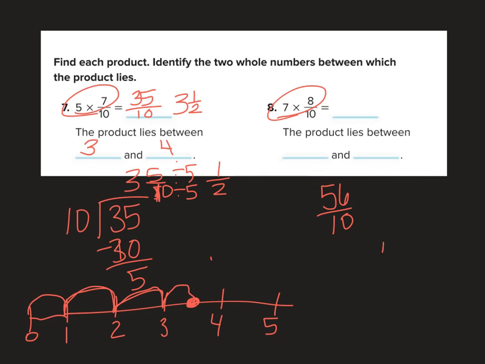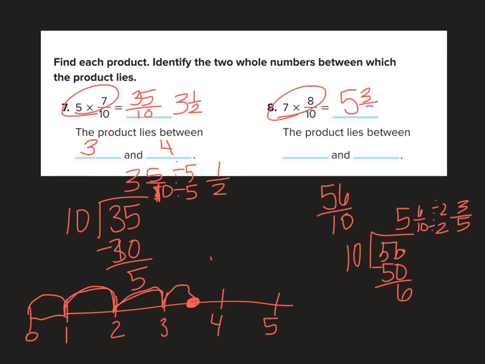Or we can still divide it out. 56 divided by 10 is 5, minus 50. I have 6 left over, so it's going to be 5 6/10, which can be reduced. Divide by 2, and I would get 3/5. So our answer is 5 3/5.